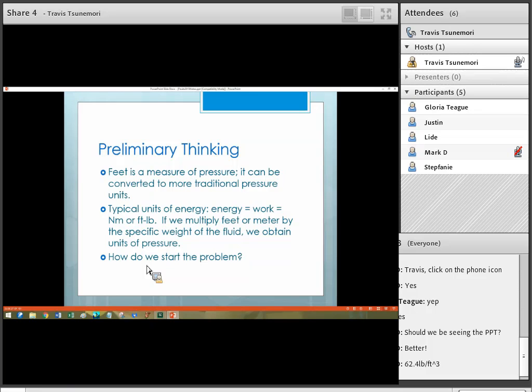It can be converted to a more traditional pressure unit. Typical units of energy, energy equals work equals Newton meter or foot pound. We can multiply feet or meter by the specific weight of the fluid. We obtain units of pressure.